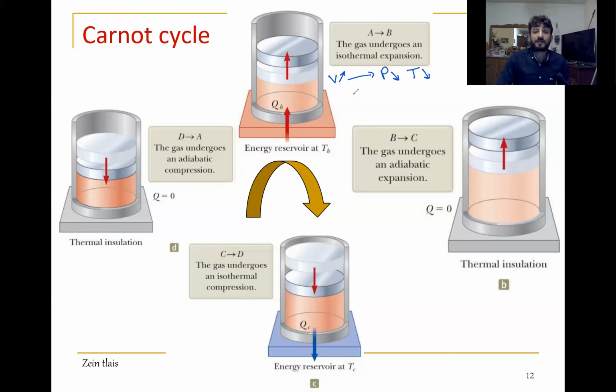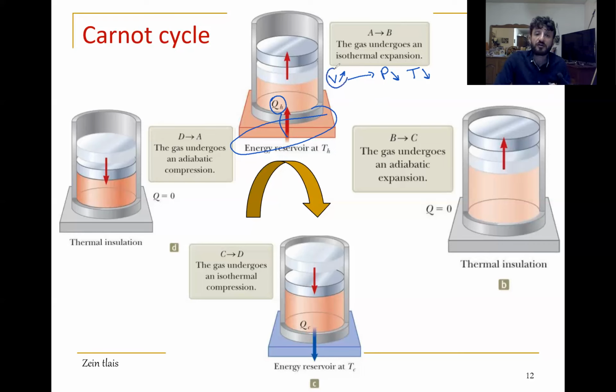In order to keep the temperature constant, we must give some quantity of heat. So we put the cylinder in contact with an object with a high temperature, T hot, to give Q hot to the system. When the temperature decreases, I give Q hot to increase the temperature and keep it constant.